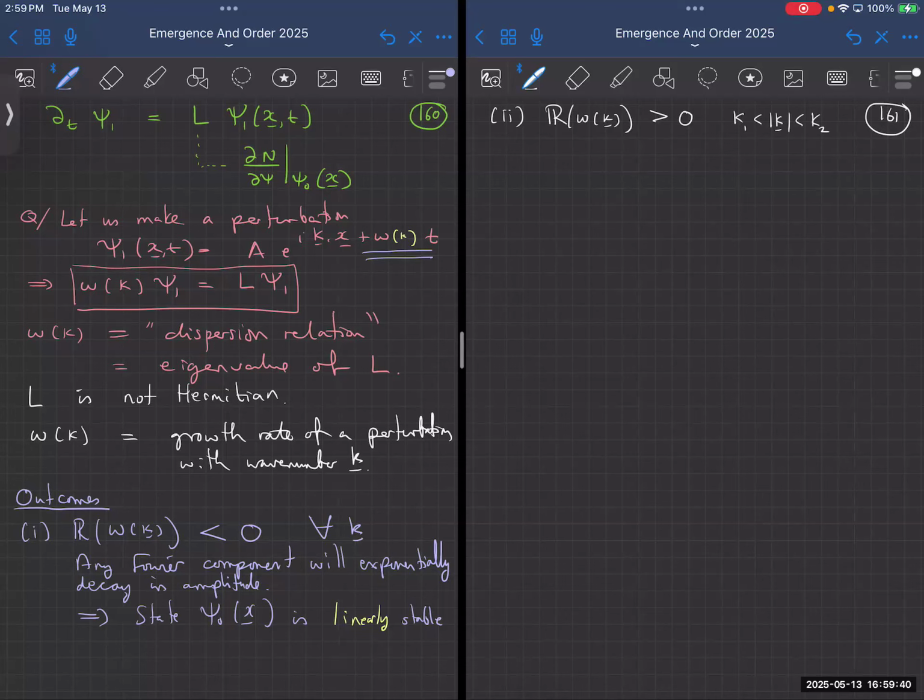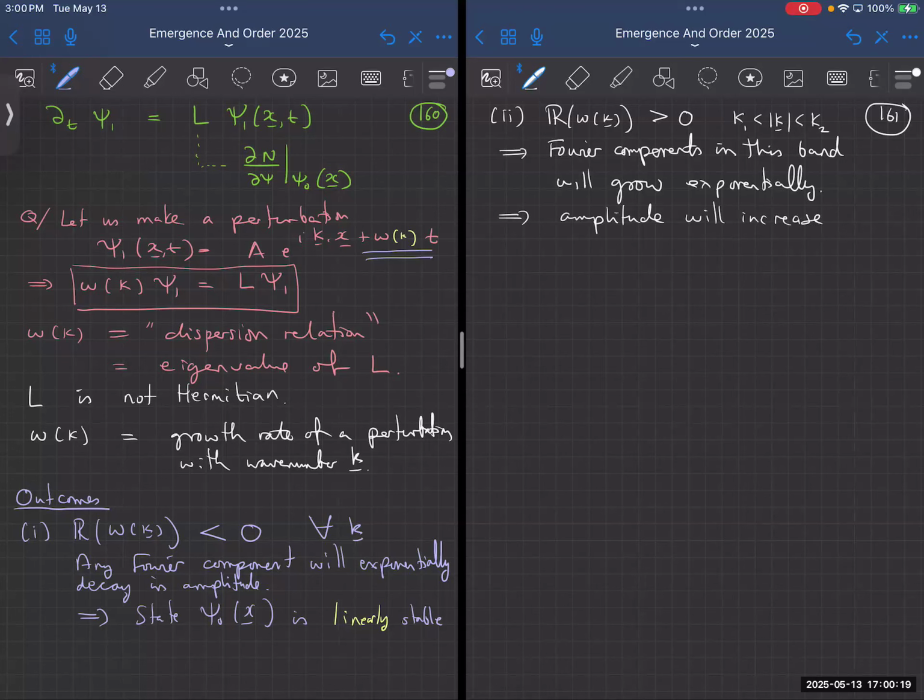In this particular case, the Fourier components in this band will grow exponentially. And so the amplitude of these modes will increase.